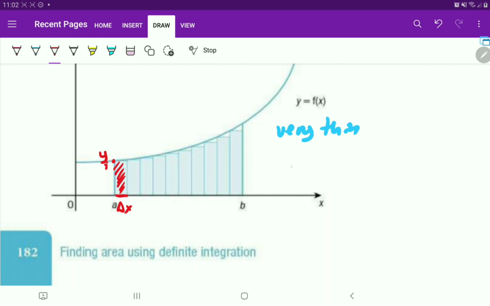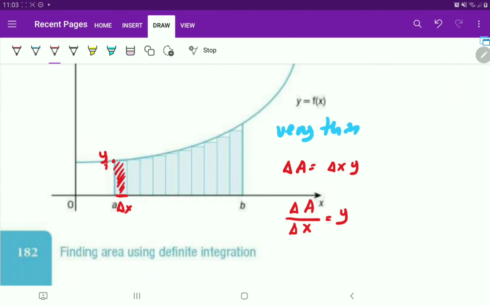Basically that is a small area, so let's call it delta A, because that's a small area only. That delta A is equal to delta x times y. If I rewrite this, it will appear like delta A over delta x is equal to y.